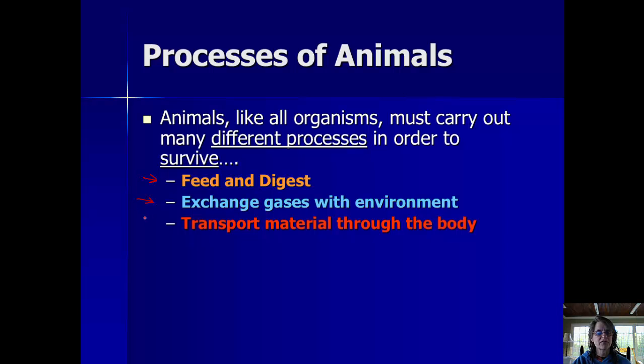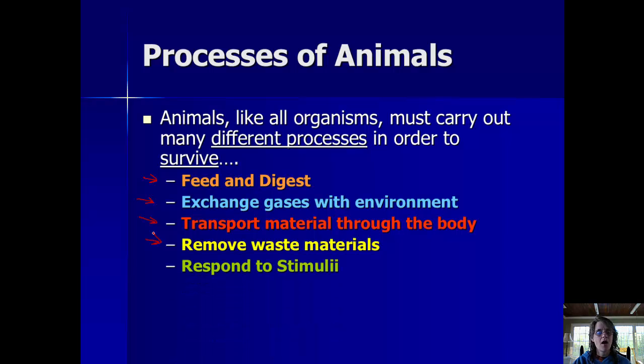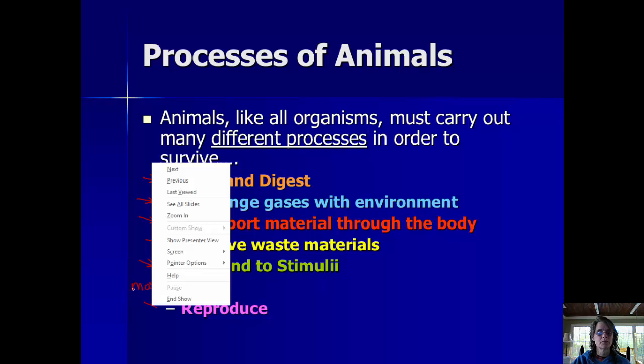All animals have to be able to move things around in their bodies. All animals have to be able to remove waste and get that out of their bodies. All animals have to be able to respond to stimuli. All animals, well, most animals have to be able to move around, and all animals must be able to reproduce.